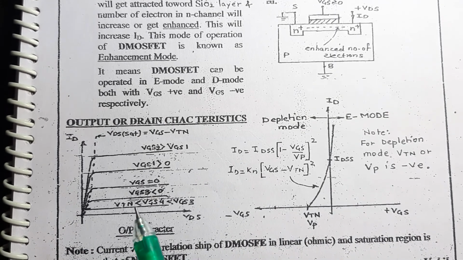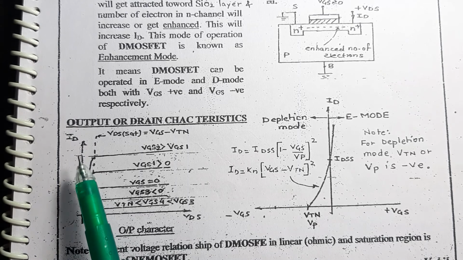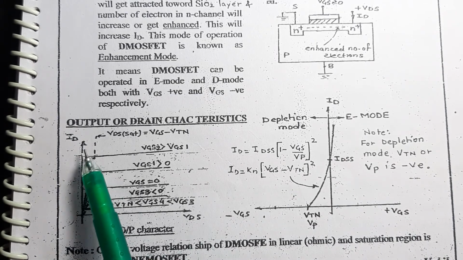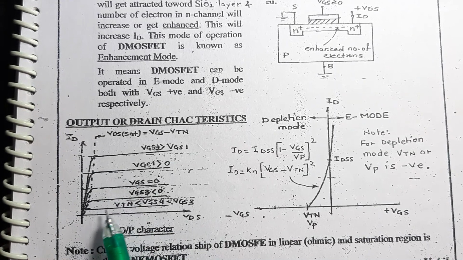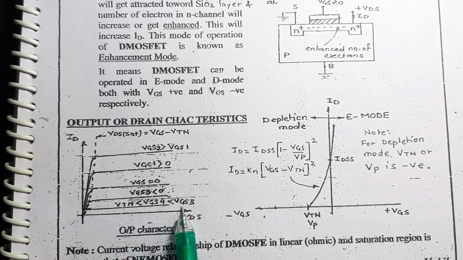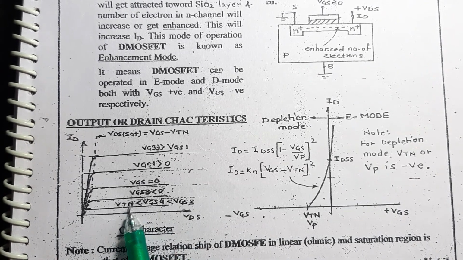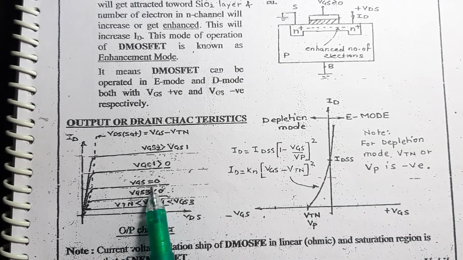So this is the graph for the drain and the transfer characteristic, wherein your output characteristics are being given. The first output characteristic is for VGS3, which is greater than your VGS4, which is greater than your VTN. This one is for VGS3 greater than 0. Then this one is obtained when your VGS is equal to 0.